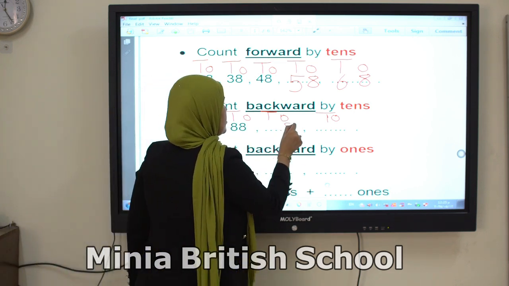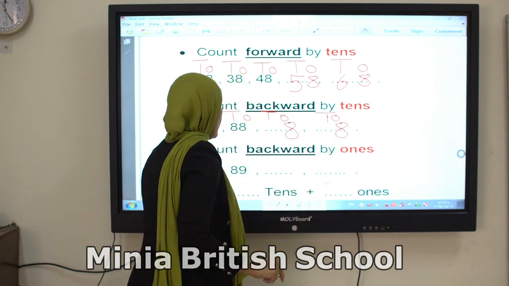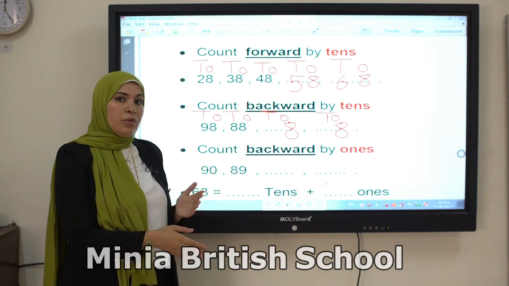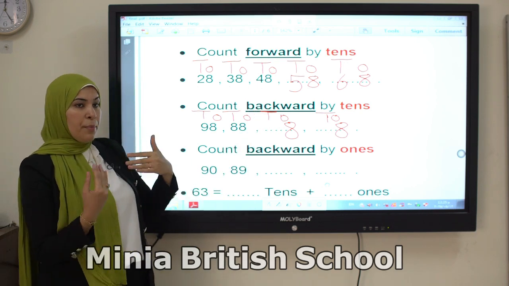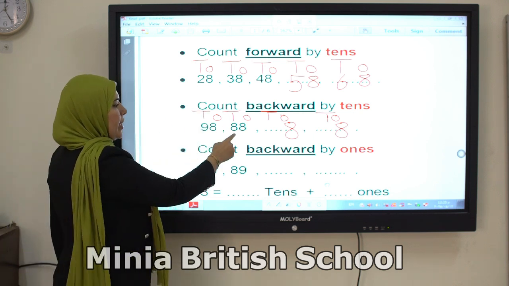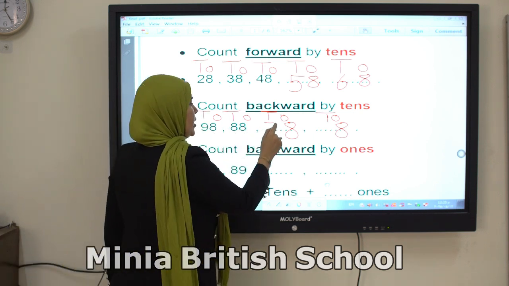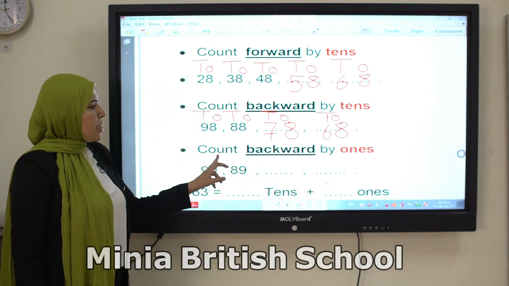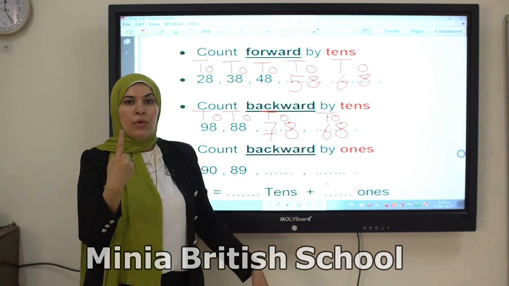In all ones, write number 8. Okay, and here look at the title again. You will count here forward or backward. You will count backward. So let's count backward in tens. 9, 8, 7, 6.